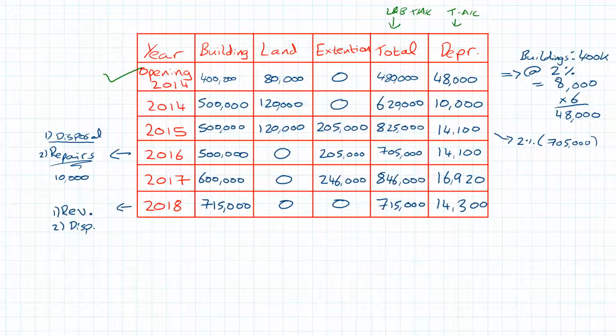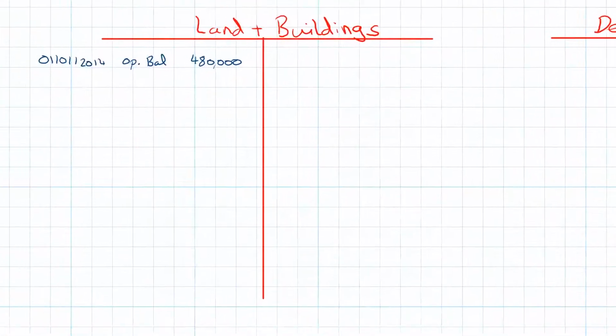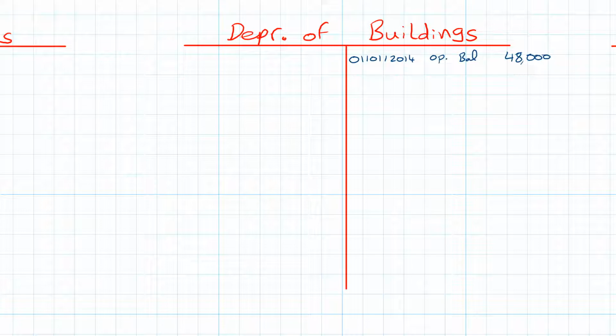So we had a revaluation, I can see, 100,000 in buildings, 400,000 in land. So we're still on 2014. So we've revalued it to 620. So that means I'm going to have to add 140,000 here. And this is going to be going to a revaluation account. So revaluation reserve, 140,000.